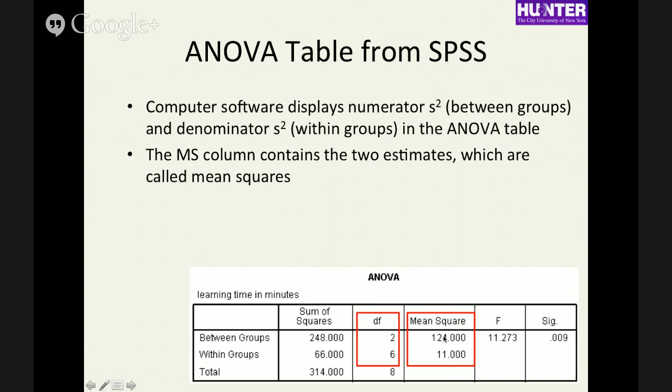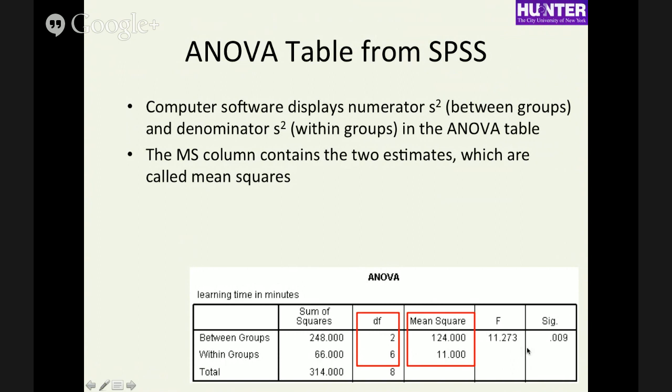Now F should just be the ratio of these two. I don't have a calculator handy, but if you go 124 divided by 11, you should get 11.273. And then SPSS calculates the probability under the right tail of the F distribution with 2 and 6 degrees of freedom, and gives you this p-value of 0.09.